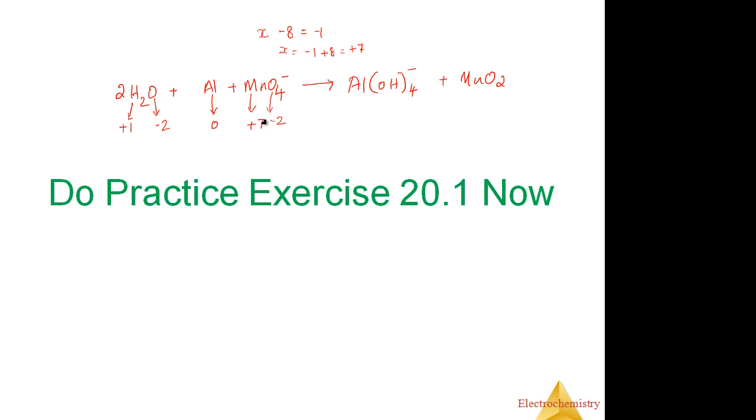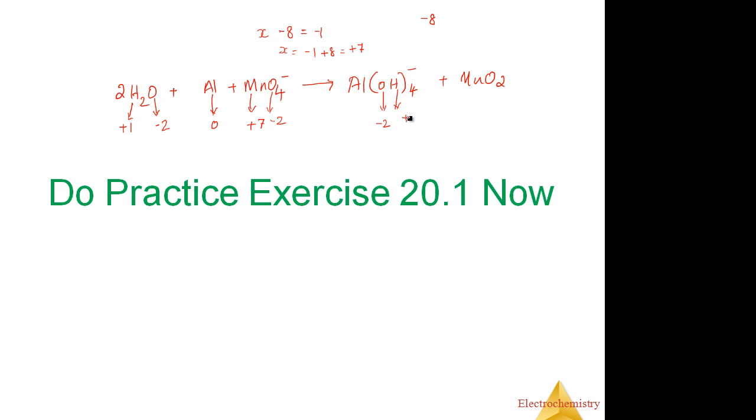Everyone remember that, right? So this comes from that rule. For a charged species, the sum of the oxidation states should be equal to the charge of the ion. Okay, now let's go to this side. Once again we have oxygen here, which is -2. Remember we have 4 of them there, so -8. Hydrogen is +1.